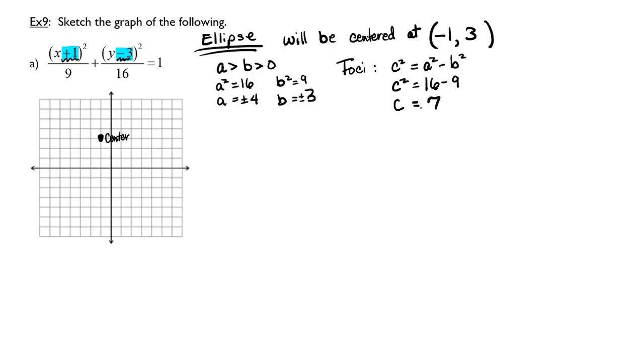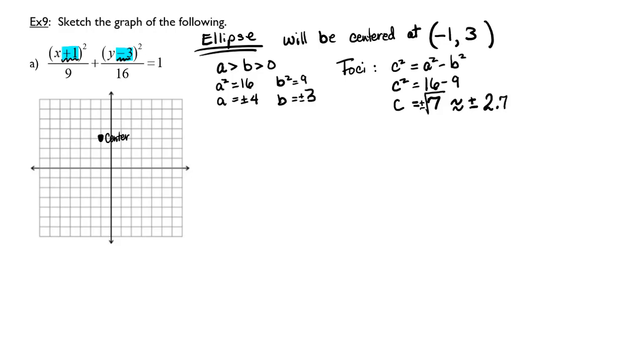So my c will be plus or minus the square root of 7, because remember, we need to solve for c, so we have to take the square root of both sides. This is approximately plus or minus 2.7, which means I have to take this value for my foci and combine it with where the center is.